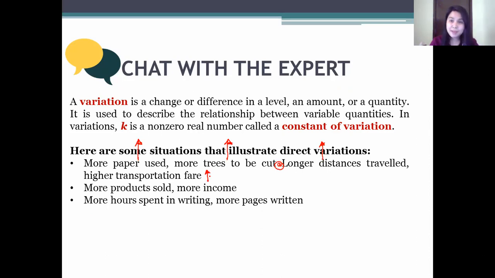So we expect that the fare from Valencia to Malaybalay is less than the fare from Valencia to Cagayan. And we also expect that the fare from Valencia to Cagayan is higher than the fare from Valencia to Malaybalay. Why? Because of the longer distances.